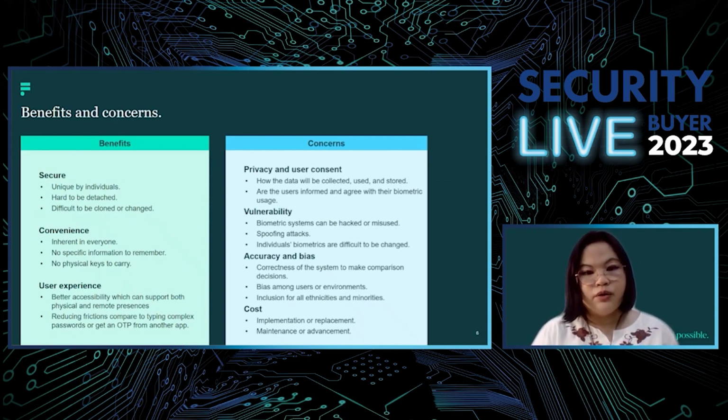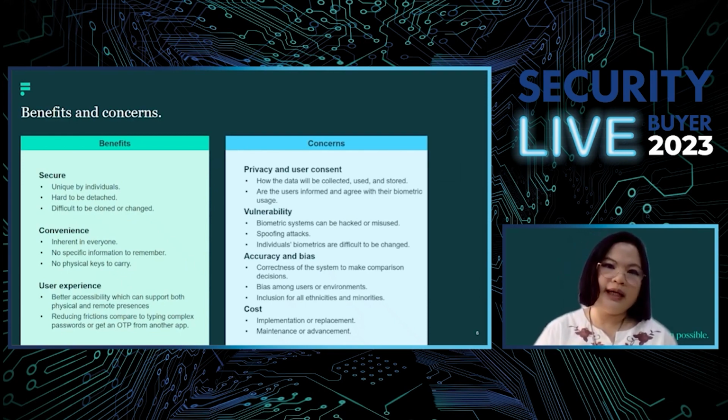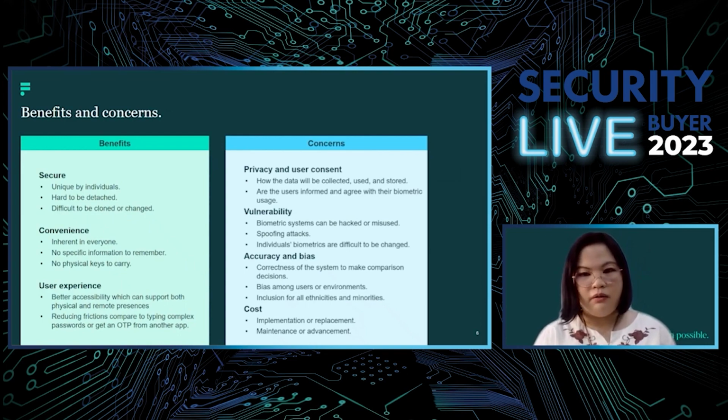Also, by controlling this accuracy and bias, it can include different ethnicities or also include minorities when using biometrics. On the other hand, there are cost concerns as well when implementing a biometric solution and trying to evolve it all the time when the technology is improving. It's important to consider the cost aspects as well.